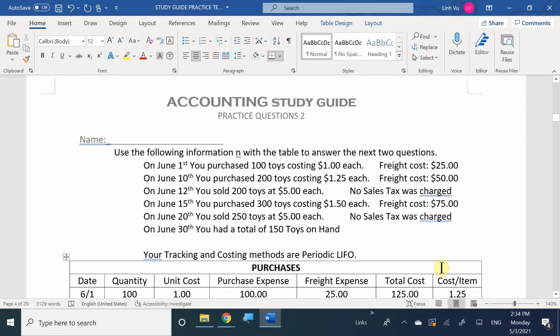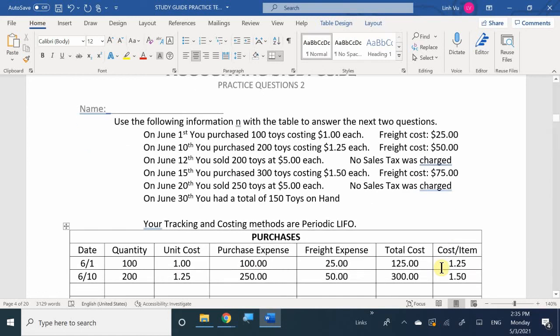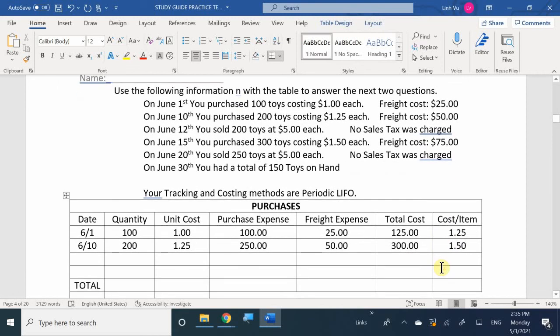Now what happened on June 12th? Sold 200. So where do we put that? We don't. Why? It's just our purchases. Good.